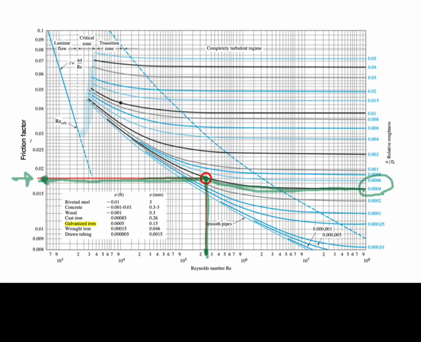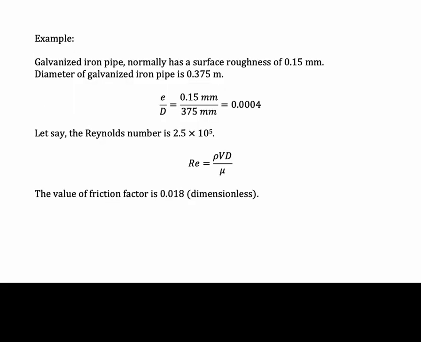You need to find the exact value on the left hand side y-axis. So it is equal to 0.018 here. The friction factor is dimensionless. Dimensionless means there is no unit for that parameter.